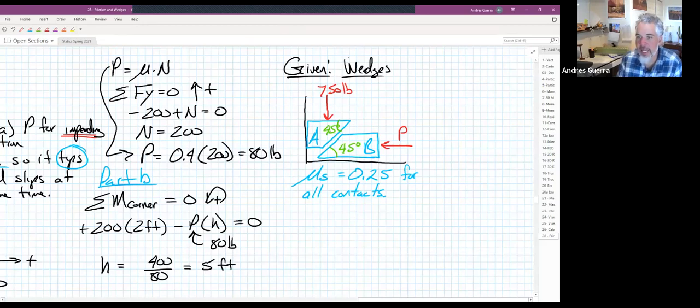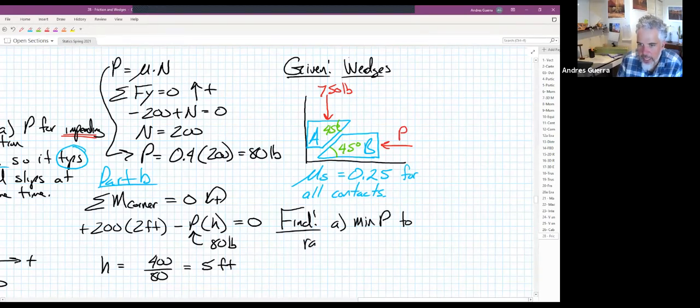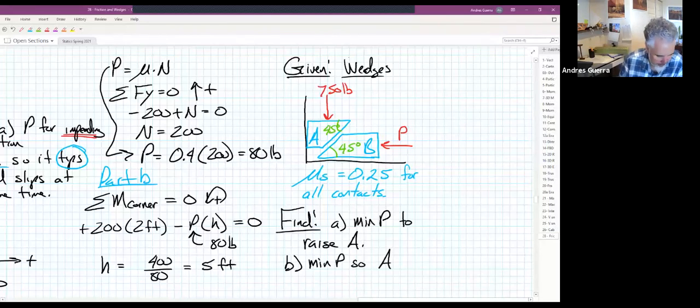Okay, so mu S is 0.25 for all contacts. We want to find two different parts here. Part A, they're asking us to find the min P to raise A. And then part B is the minimum P so A doesn't fall.